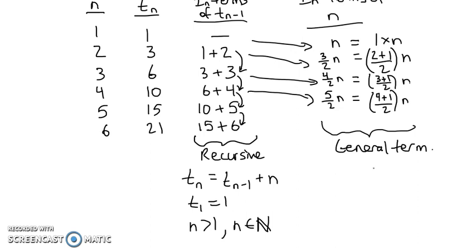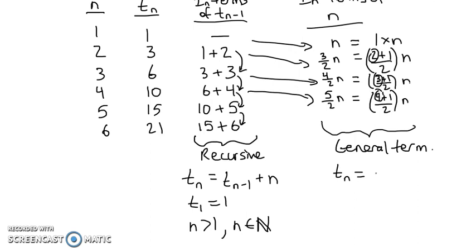The general term, which was a lot more difficult to figure out, we now can arrive at as well. That can be written as Tn is equal to, notice that the 2 here corresponds with the n value of 2, the 3 here corresponds with the n value of 3, and the 4 in the next one corresponds with the n value of 4.